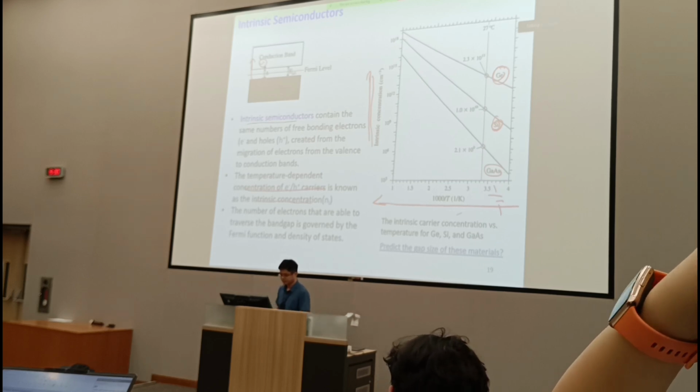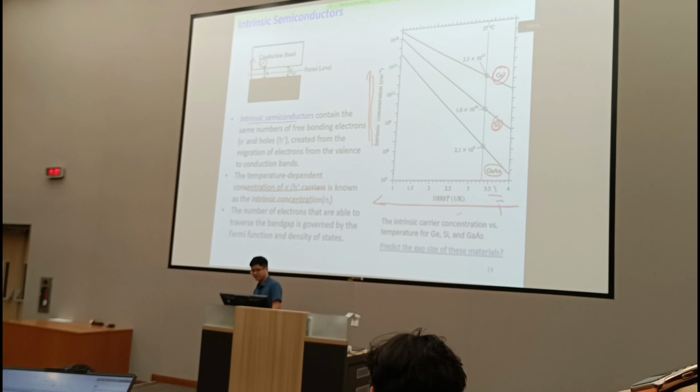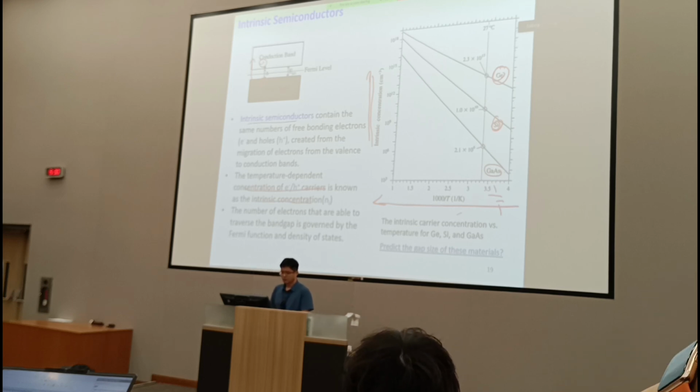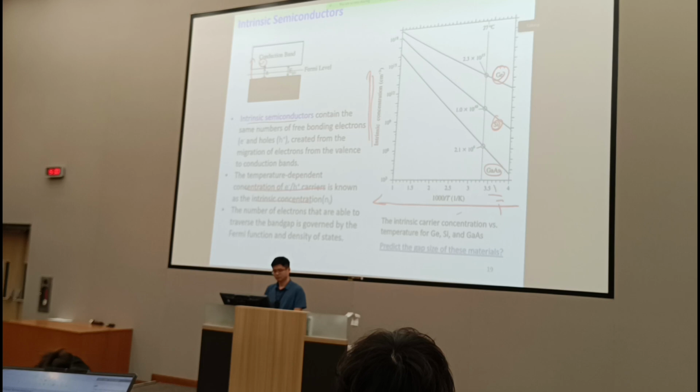So what's the reason? One factor is the variation of the band gap. The gap size is basically the energy difference between the bottom of the conduction band and the Fermi level, E minus EF.